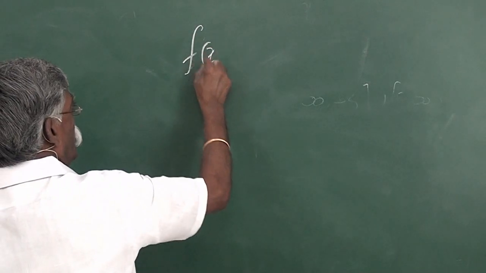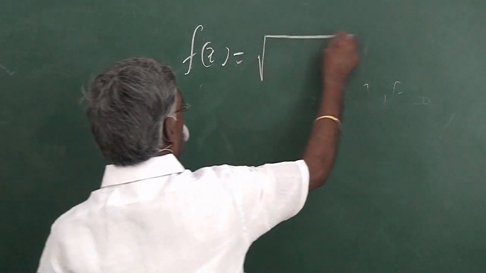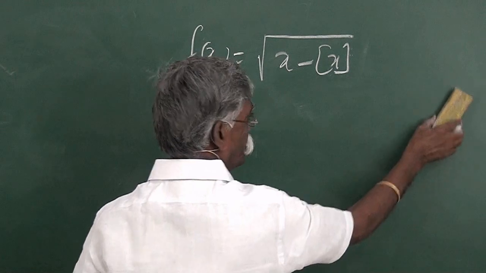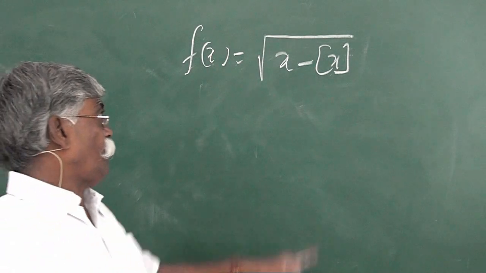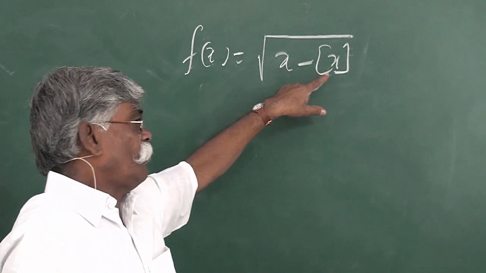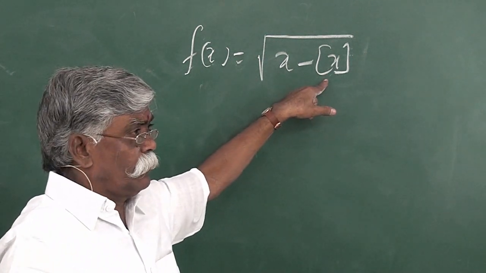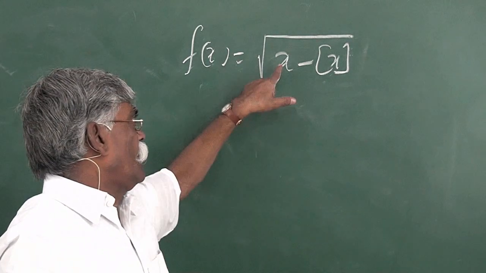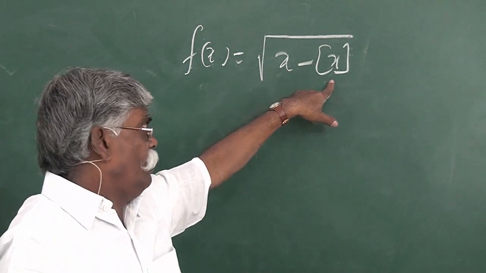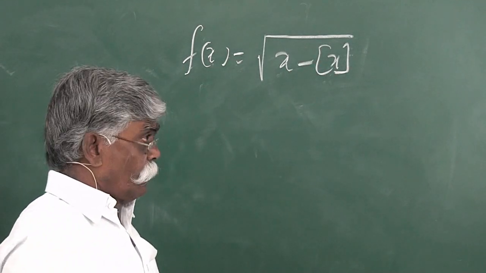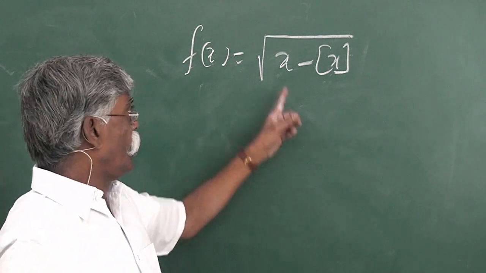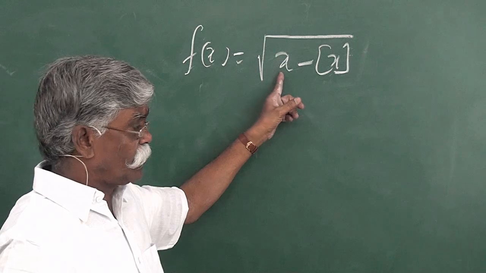Now f of x is equal to root of x minus step x. Suppose if we take x is equal to some 4, step 4, 4 minus 4, 0. Suppose if we take 3.5, 3.5 minus step 3.5 is 3, positive. Suppose if you take x is equal to some minus 2, this is minus 2.